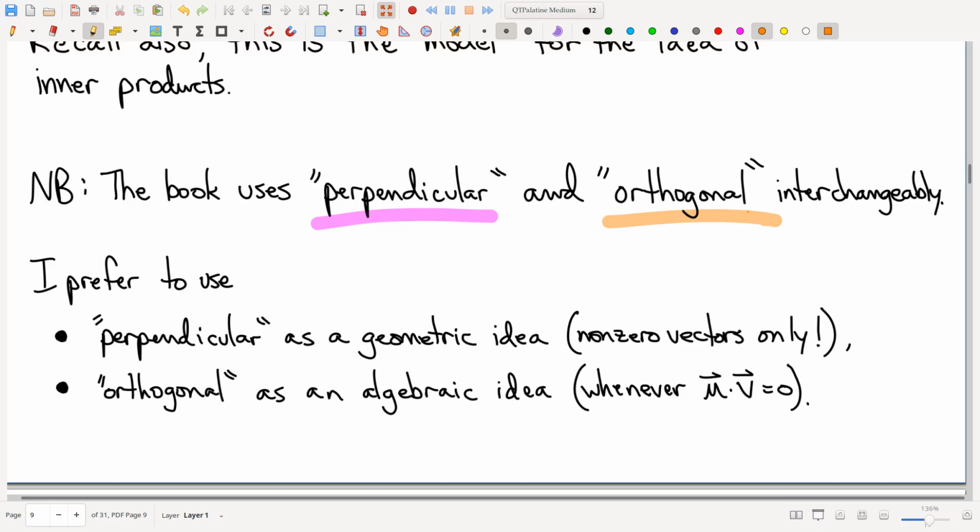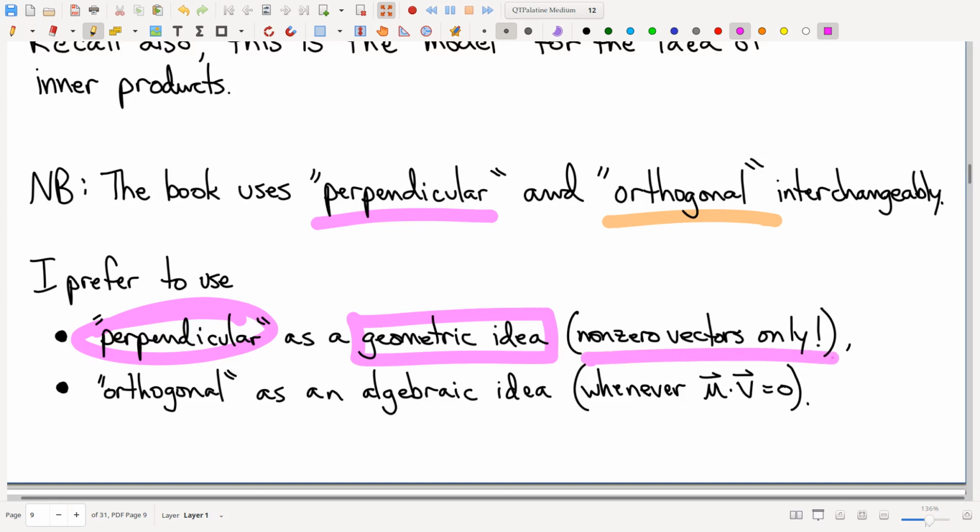Two vectors define two directions, and you can talk about the angle between them. Well, okay, but those better not be the zero vector. If either one of those is the zero vector, there is no direction to even talk about. So this idea, what I call perpendicularity, is a fundamentally geometric idea, and it's for non-zero vectors only. Very important.